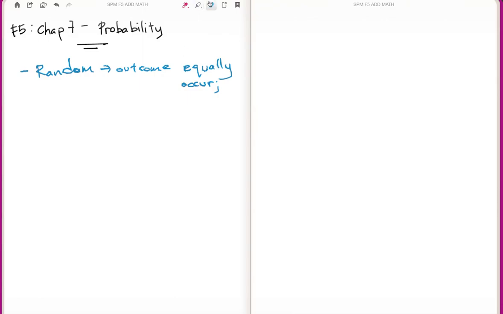Now, how am I going to represent it? You may want to visualize it in a Venn diagram. The Venn diagram is the sample size.